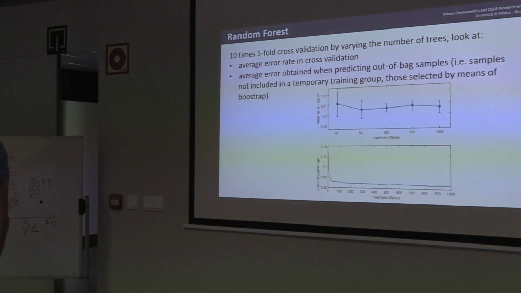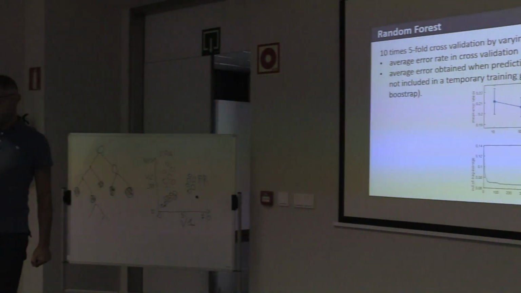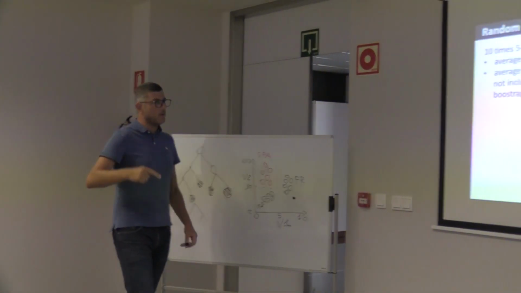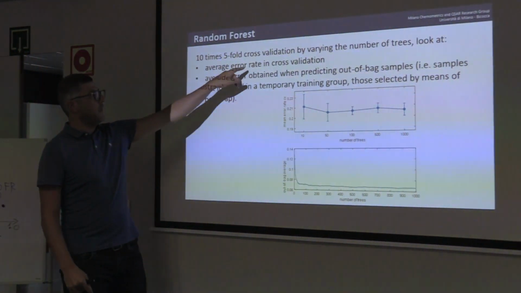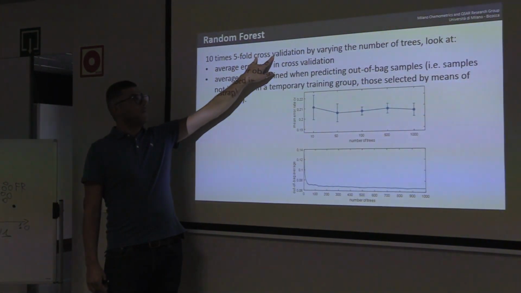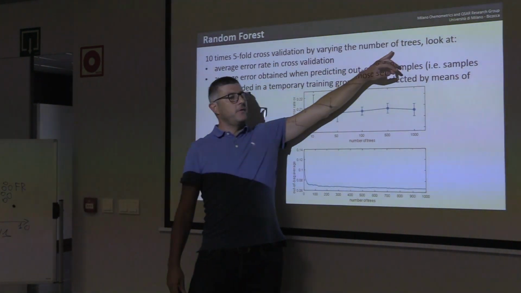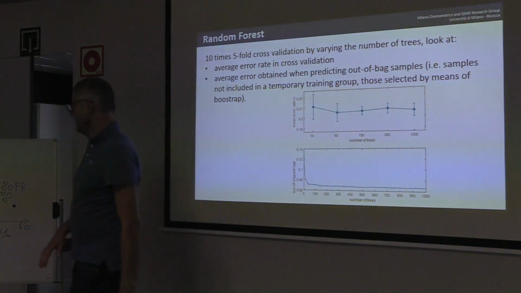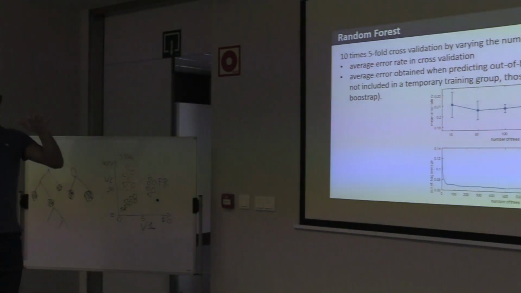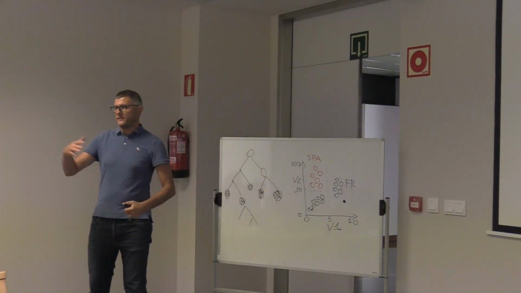I repeat 10 times a 5-fold cross-validation, by varying the number of trees. So, I have my training set. I decide to use, I don't know, 10 trees.